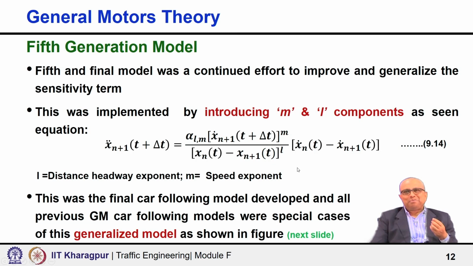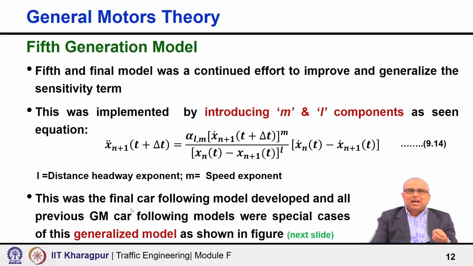L as 1, into the relative speed, as it was there in the first, second, third and fourth generation models. The same term continued also in the fifth generation model.